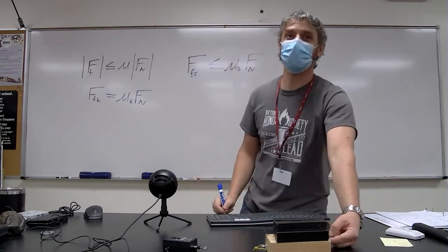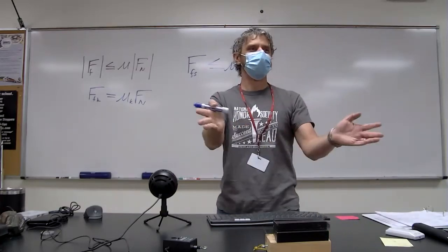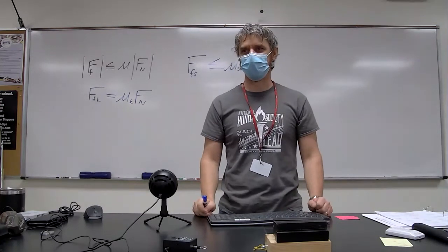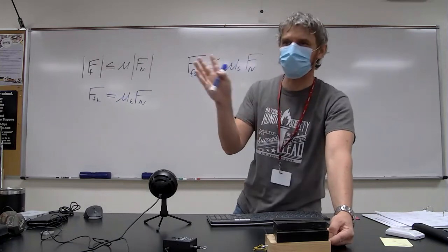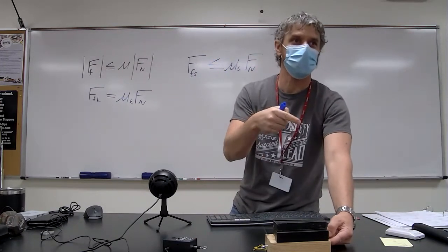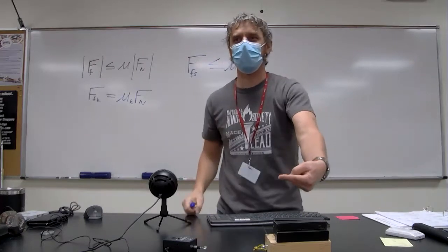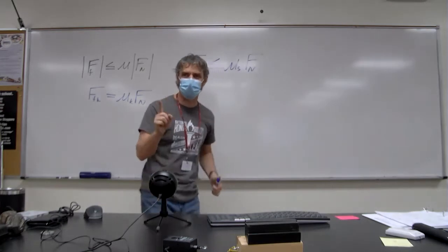So if I push harder, the static friction force has to get bigger in order to still maintain a net force of 0, until it gets to the maximum. There's a maximum amount of static friction force that can be exerted by the table on the block. And if I overcome that with my applied force, that's when it starts to move. That's when I've overcome the maximum static friction force.